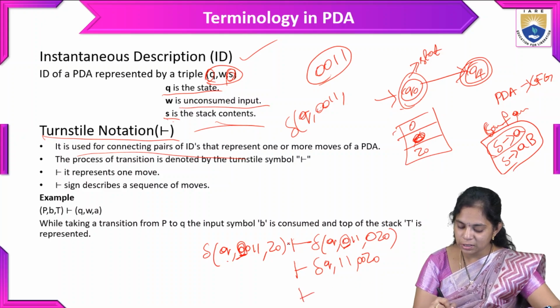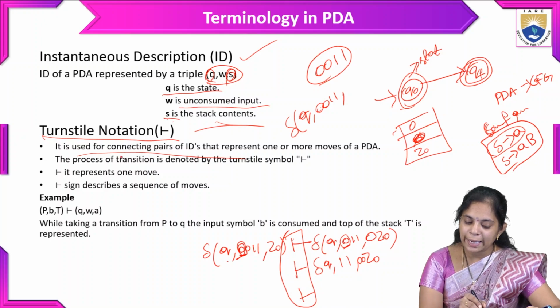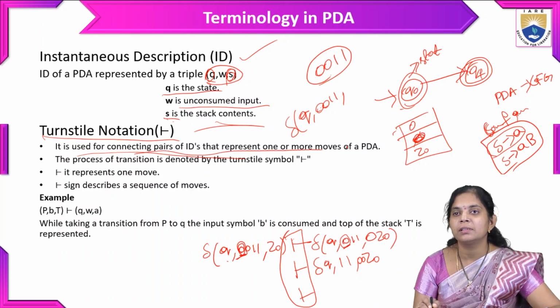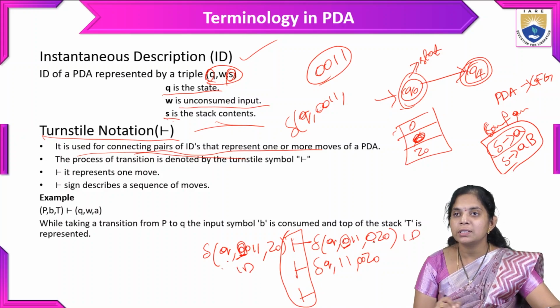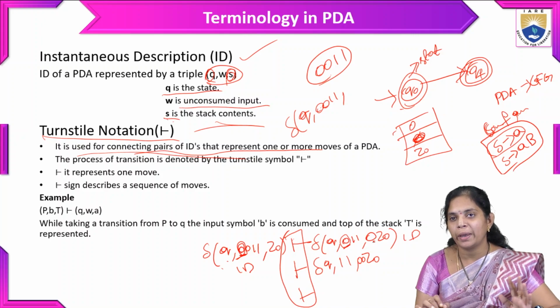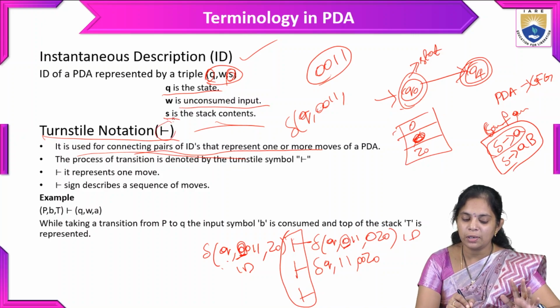So this turnstile notation is for connecting the pairs of IDs. Here this is one ID and this is another ID, and we connect these pairs with the turnstile notation.